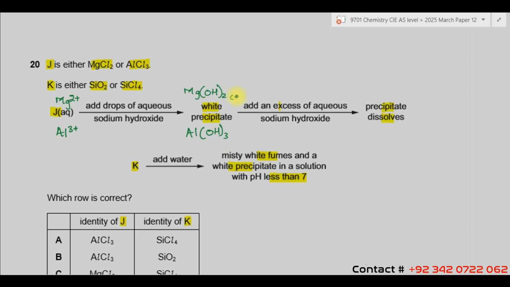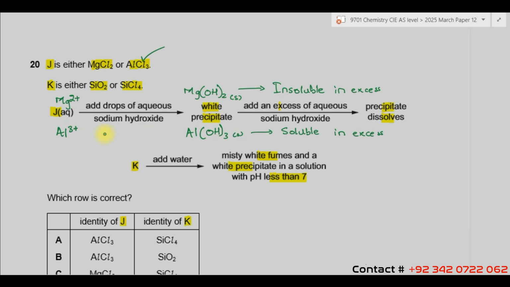Okay, so both are precipitates. Let's see what happens further. When we add excess of aqueous sodium hydroxide, this is insoluble in excess. And this aluminum hydroxide solid is soluble in excess. So as the precipitate dissolves, it should be aluminum.